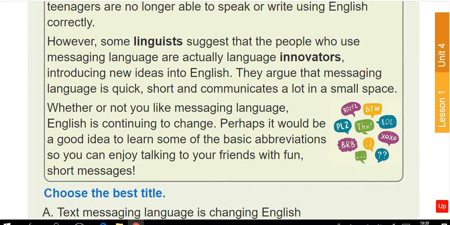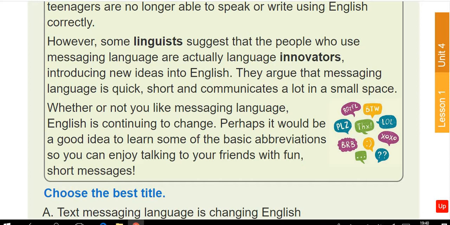Actually, it's a very good debate, because linguists, who are the scientists of language, suggest that people who use messaging language are innovators. Why are they innovators? Because they are introducing new ideas into English. They are making the language easier. They are making it easier to communicate, and in a very short time, actually.